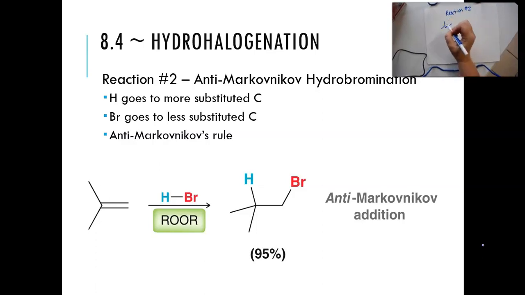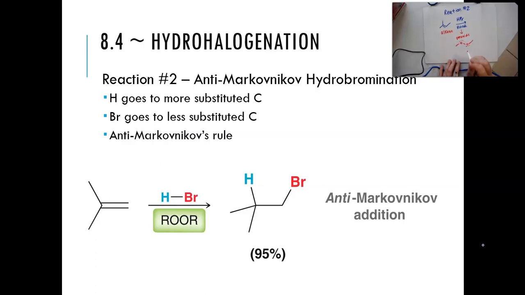is a hydrohalogenation. So I still am starting with my alkene, and I'm going to be reacting it with HBr, and this time Br is the only halogen that we can use, ROOR, and this is our peroxide, so it looks like this.